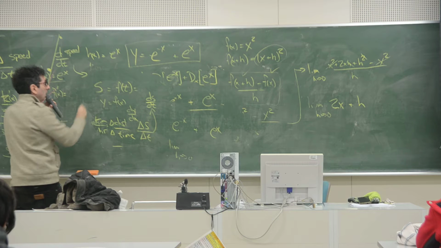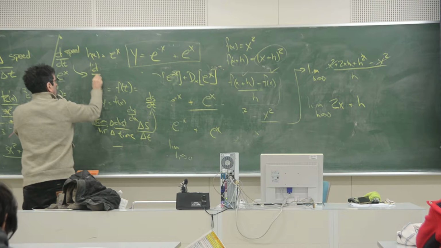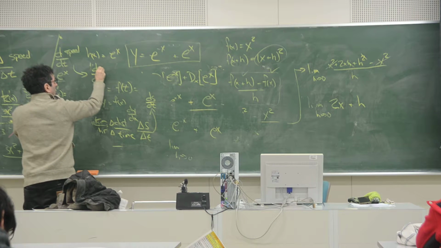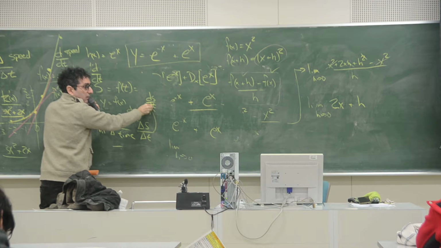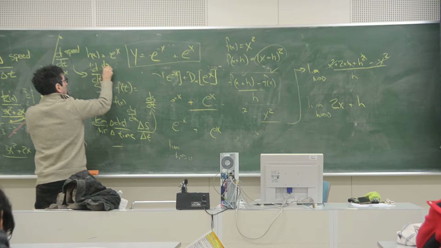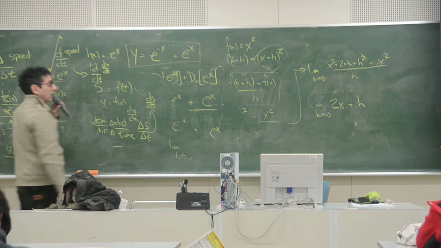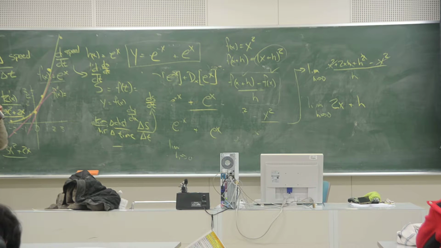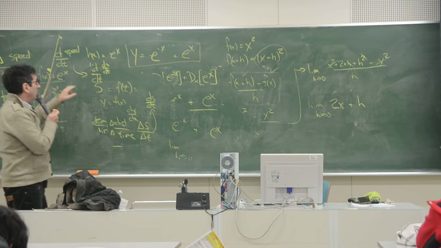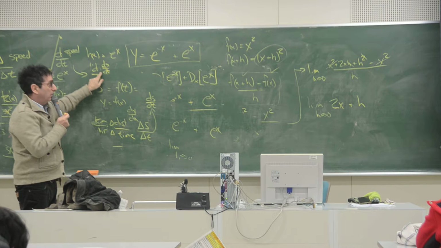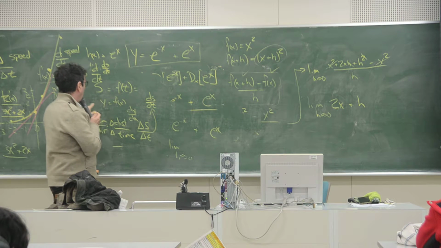Becomes what? d dt. What goes here? Not speed. I can write this. d s dt. But what's that? That's the second derivative. Right? So the acceleration is the second derivative of s.